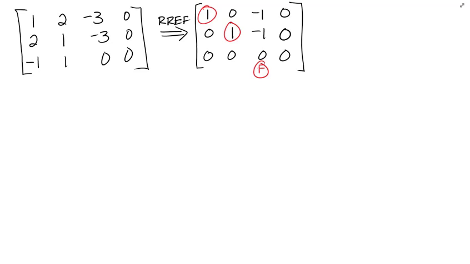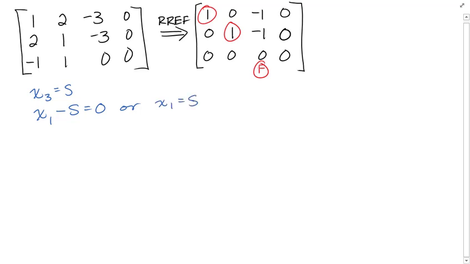We know that when a system has a free variable in it, there's going to be an infinite number of solutions. So we can start with x sub 3 and just call it s. Then working on the top row, it tells us x sub 1 minus s equals 0, or x sub 1 equals s as well.